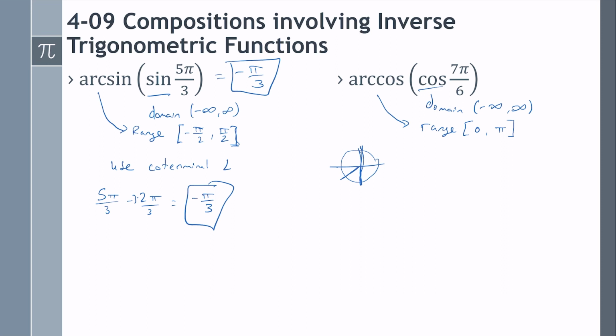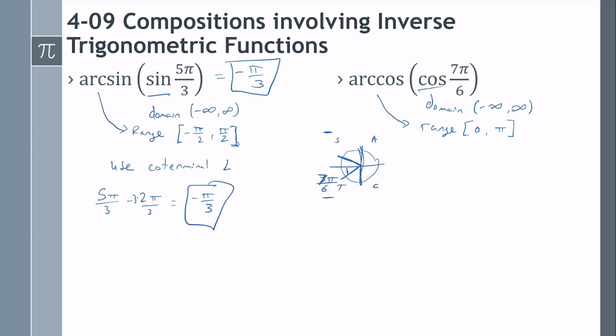Alright. So we're going to use a reference angle with the same sign. Remember, it's all students take classes. So cosine's negative here, so the other place where cosine is negative is there. So we'll be in that quadrant, quadrant 2. If this is 7π/6, what's that angle?